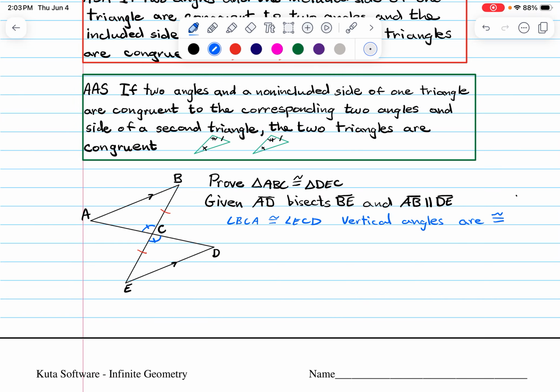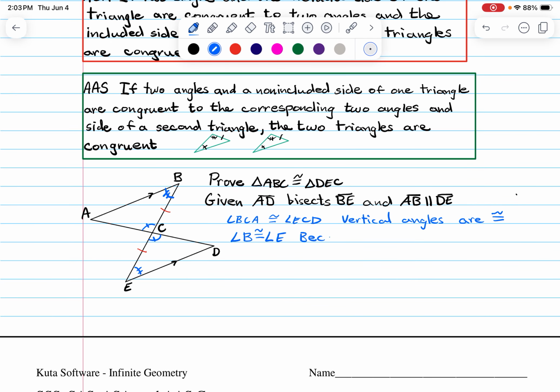I'm going to say angle B is congruent to angle E. In other words, I know that this and this are congruent to each other because the alternate interior angles are congruent for parallel lines cut by a transversal. Okay? So I've got those two angles are congruent.